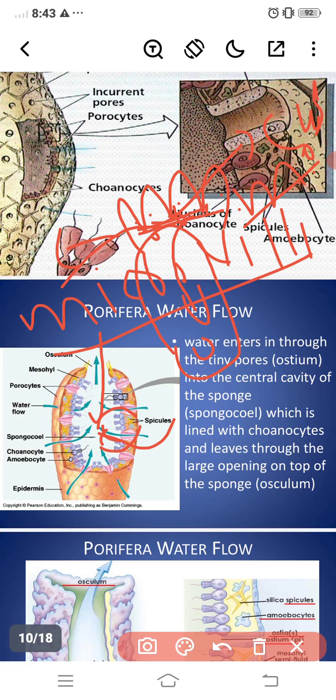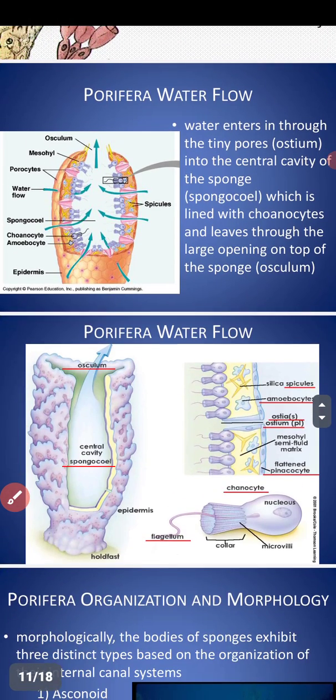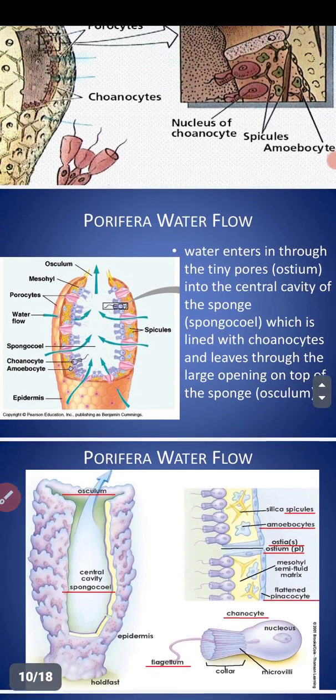So it occurs by the general body surface; there is no specific organ for this. Excretion also takes place by the general body surface, and ammonia is excreted. So these are all about the choanocyte and pinacoderm.